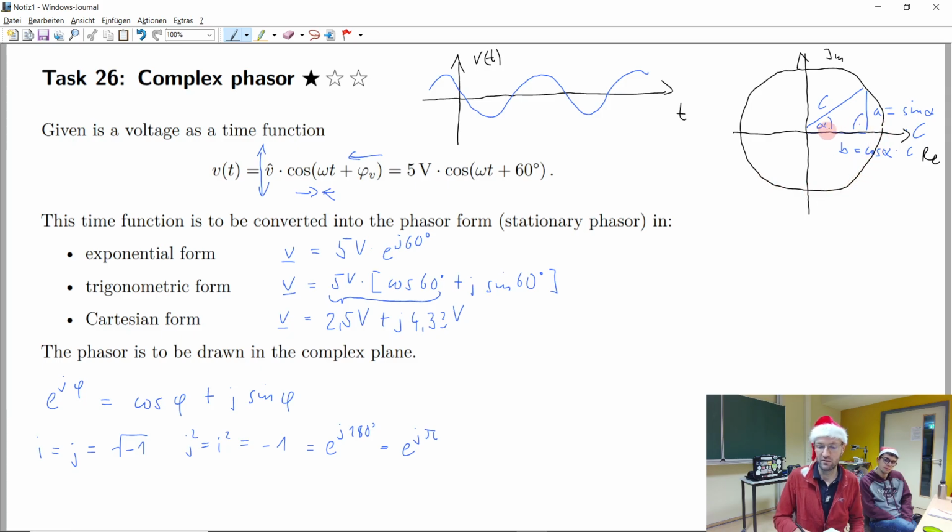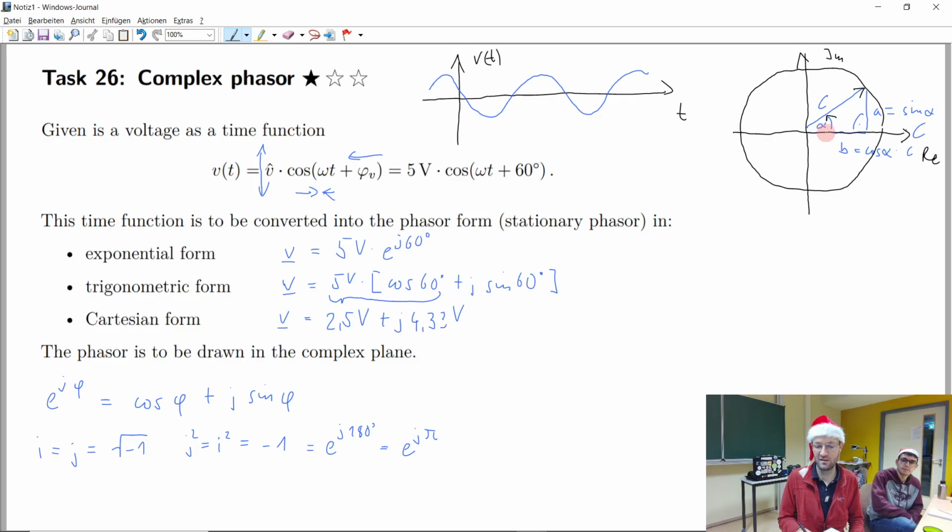And so now we can have this hypotenuse as a phasor that is rotating around here. And so the phi angle or the alpha angle is always the angle counted in the counterclockwise direction from the positive real axis. And so then always this side is the cosine of this angle, and if it's a unit circle, then the hypotenuse is 1.